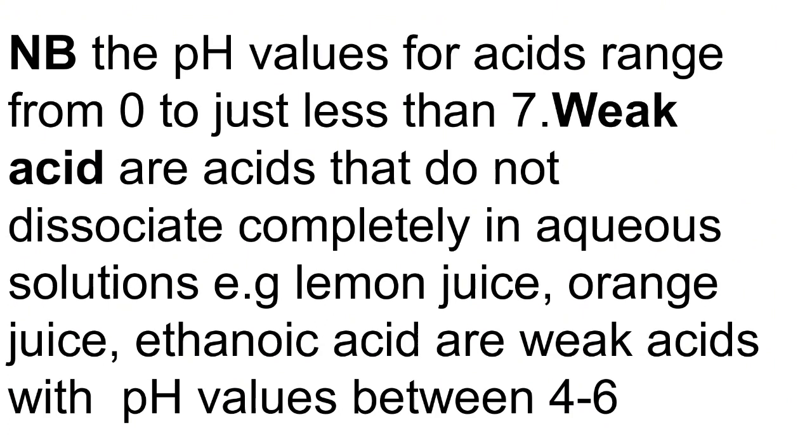Let's note this. The pH values for acids range from 0 to just less than 7. Weak acids are acids that do not dissociate completely in aqueous solutions, and examples of weak acids are lemon juice, orange juice, ethanoic acid. Those ones have pH values which range from 4 to 6.